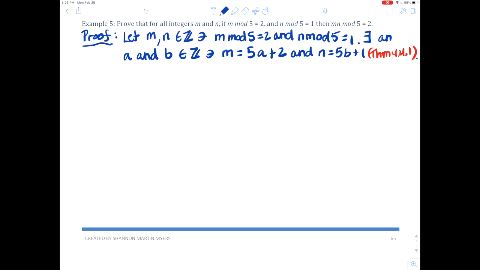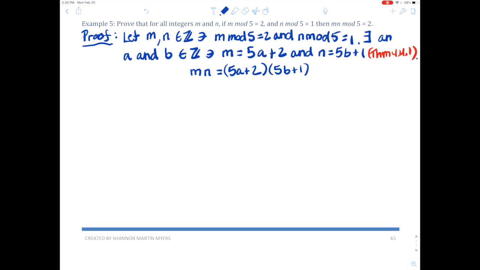All right, so let's see what we've got going on. m times n is going to equal, by substitution, what was m? Good, 5a plus 2 times 5b plus 1.